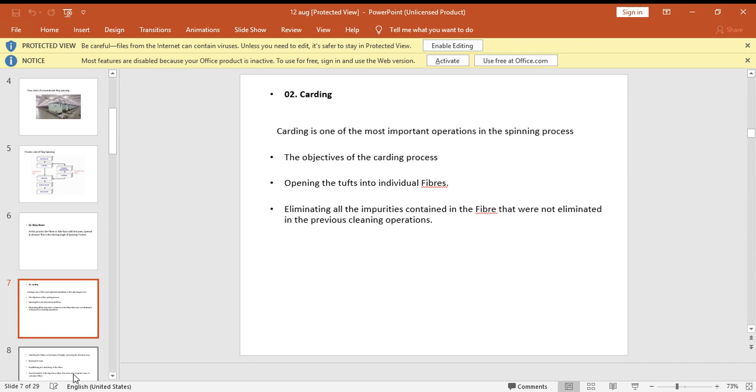Second one is carding. Carding is one of the most important operations in the spinning process.